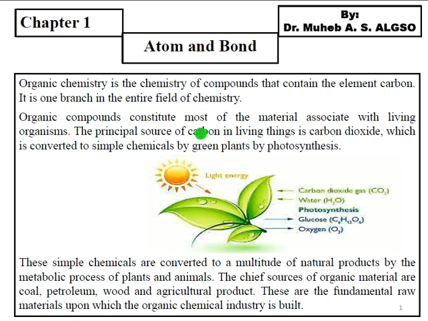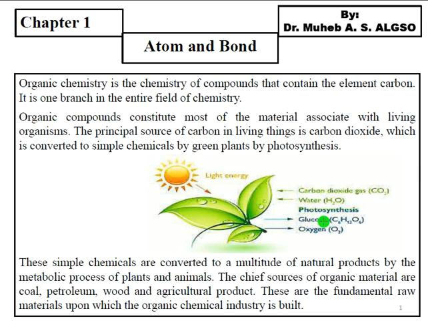The principal source of carbon in living things is carbon dioxide, which is converted to simple chemicals by green plants through photosynthesis. Here it is clear from this picture that the plant needs sunlight and carbon dioxide with water, and gives you glucose and oxygen.